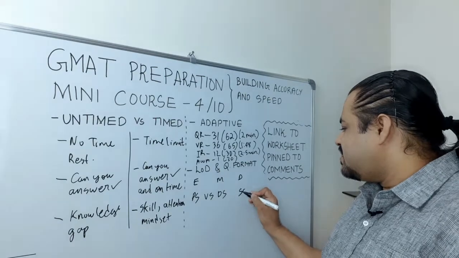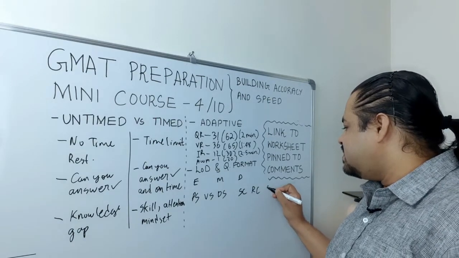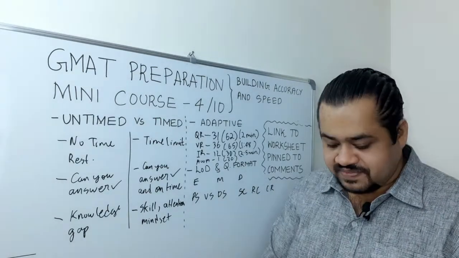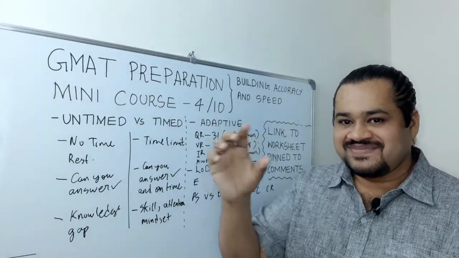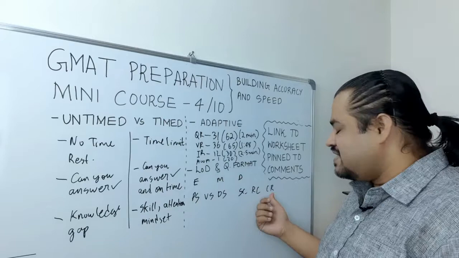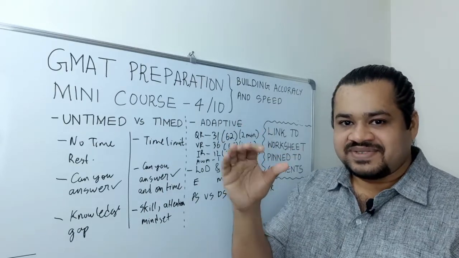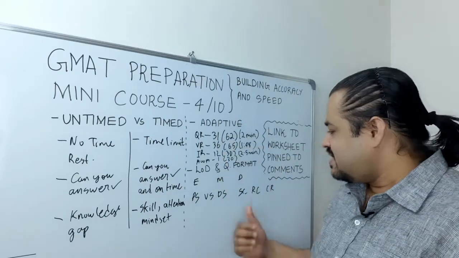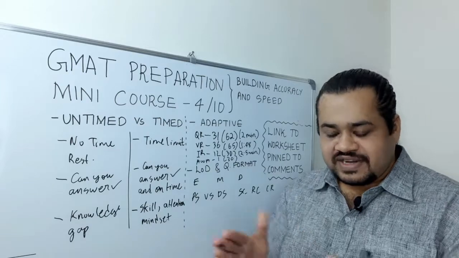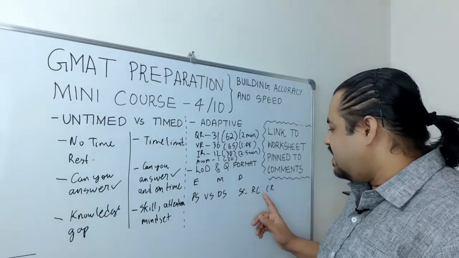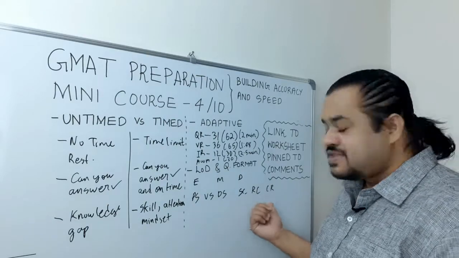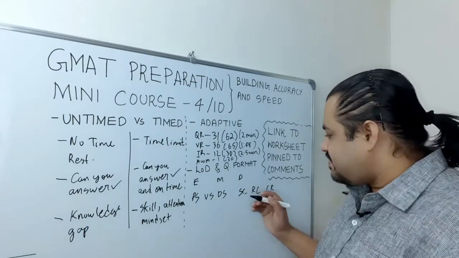At the same time, if you talk about sentence correction, reading comprehension and critical reasoning: sentence correction is just one question and options. In critical reasoning, you have to read a passage and answer one question based on it. In reading comprehension, you get a passage and have to answer 3 to 4 questions based on that passage. All these different questions take different amounts of time.